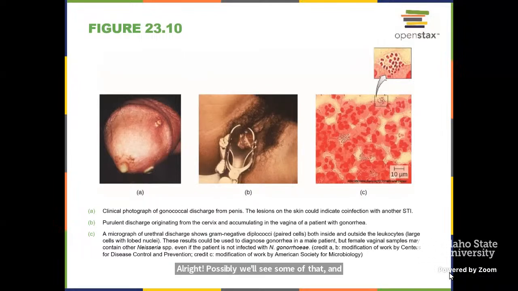So oftentimes we see some purulent discharge. And with that, we could stain this discharge. We could do some swabbing, and under a gram stain, this is what we're looking at right here.